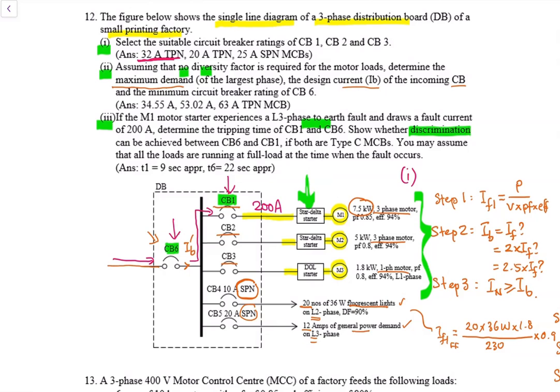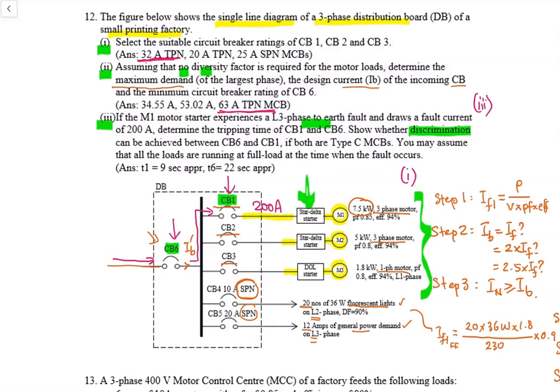And circuit breaker 6 is this one, 63 amps, if you got the correct answer. Right, so all I need to do is go to the time current curve, compare the time it takes for the two circuit breakers to trip.